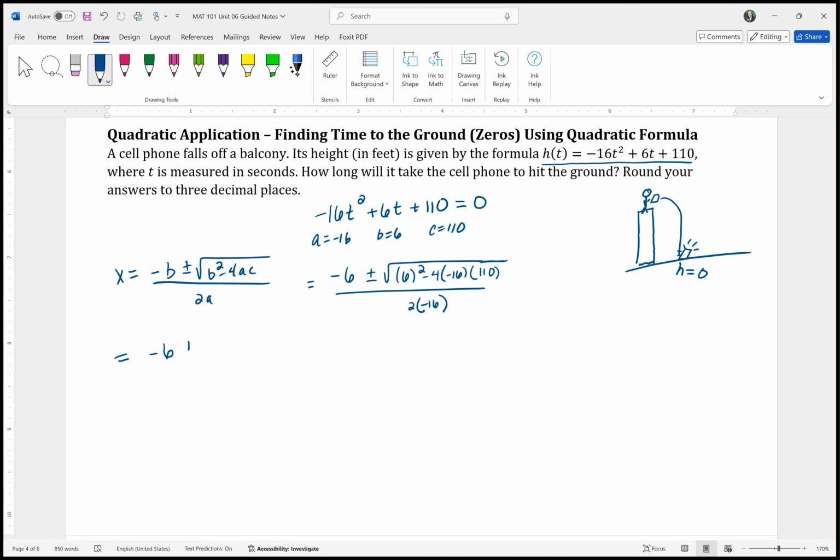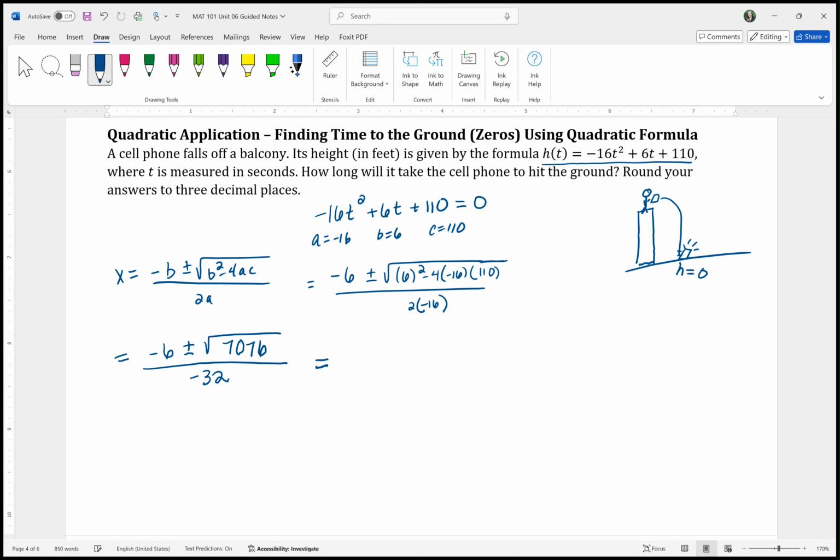So negative 6 plus or minus the square root of something, over 2 times negative 16, which is negative 32. Now take your calculator and double check it with me. 6 squared minus 4 times negative 16 times 110 gives me 76.